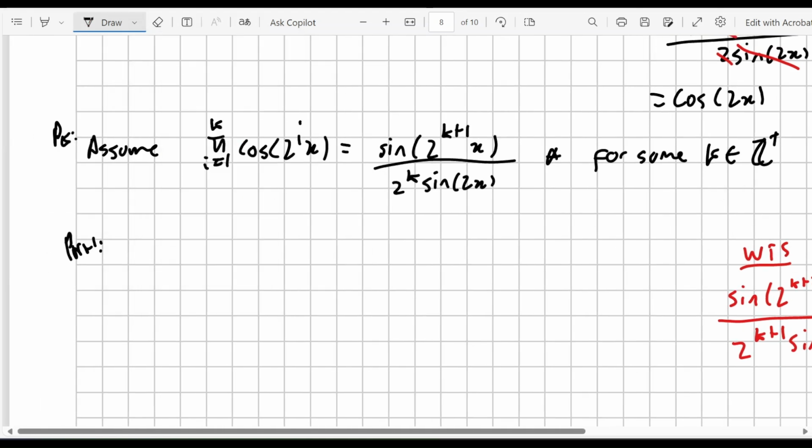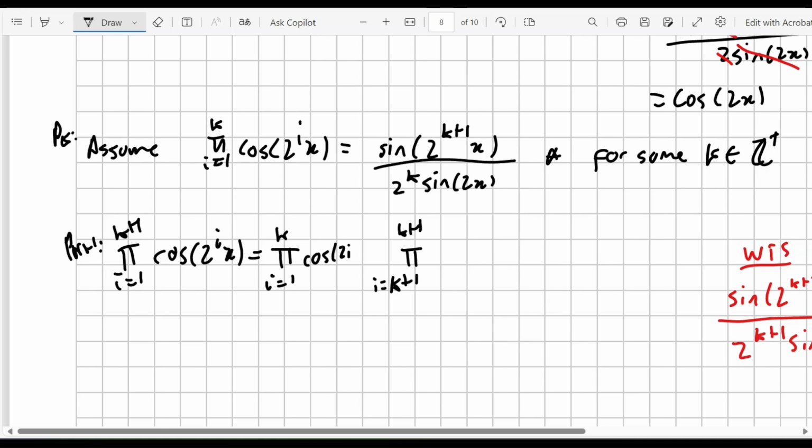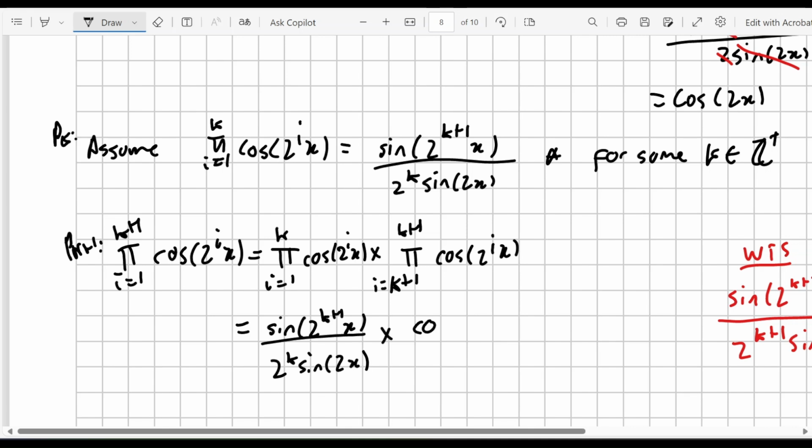Alrighty. So the product from i equals 1 to k+1 of cos of 2^i x. We split that product into 1 to k, and then k+1 up to k+1. Once we've done that, we can use star on the first thing, and then we can just evaluate this product here.